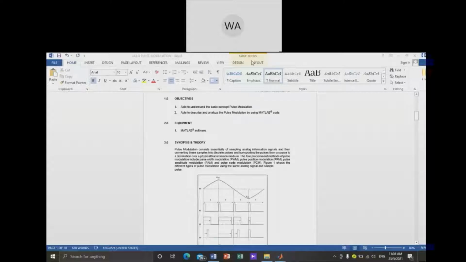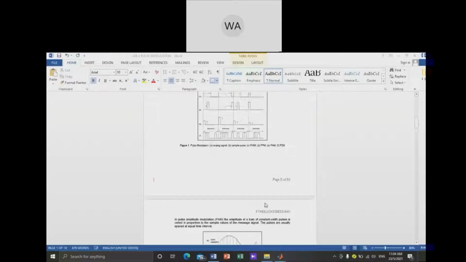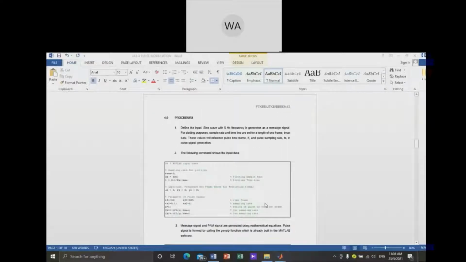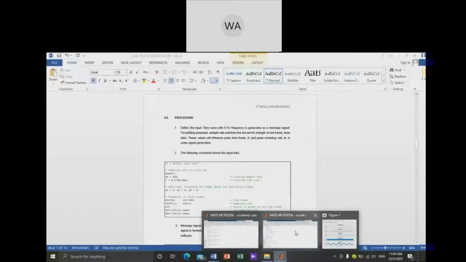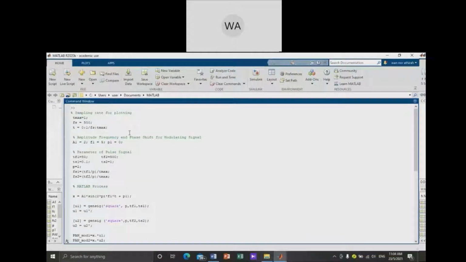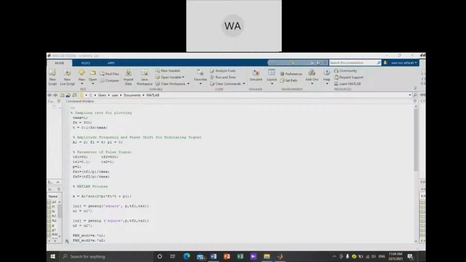Okay, saya teruskan dengan MATLAB. Ini adalah coding. Okay, untuk first kita buat untuk sampling rate for plotting. Tmax sama dengan 1, Fs 500, T0 = 1/Fs, t = 0:T0:Tmax.